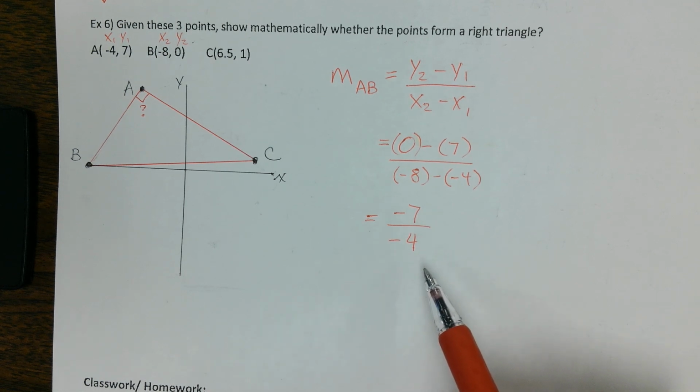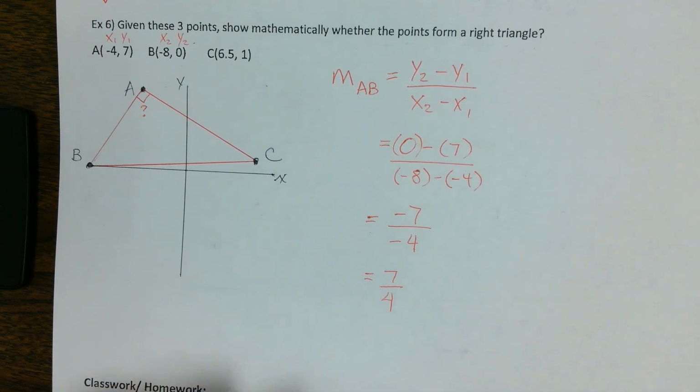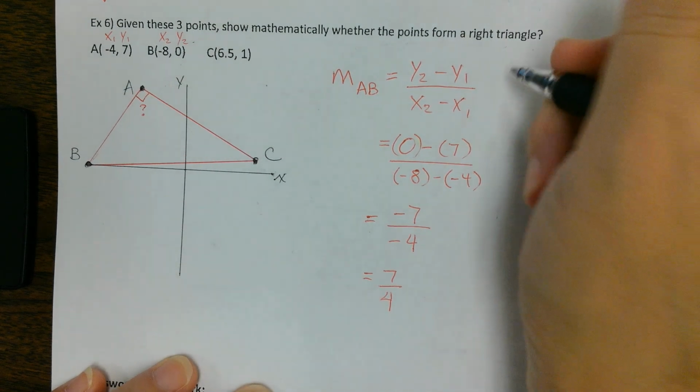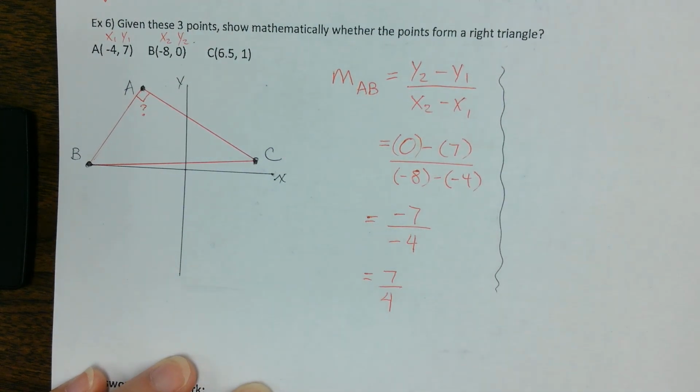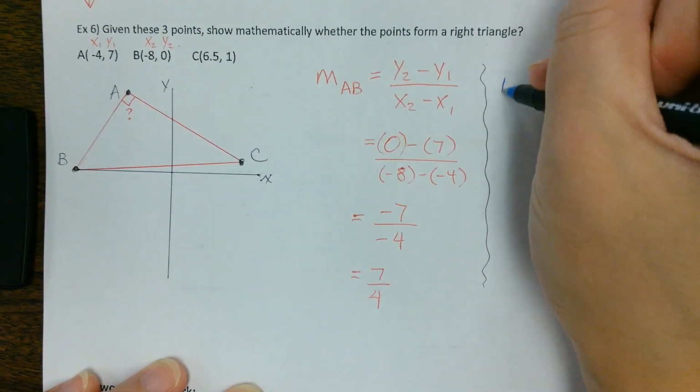Is that good enough? Both negatives cancel out, so it's 7 over 4. Okay, so we did the first part, we did AB. As Sean said, now we have to do the slope of AC.